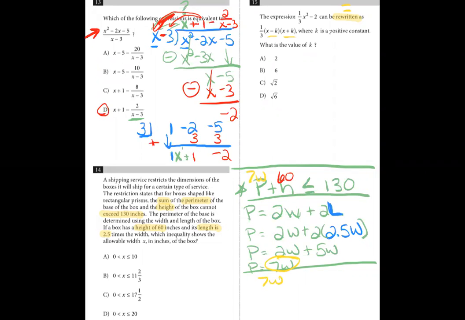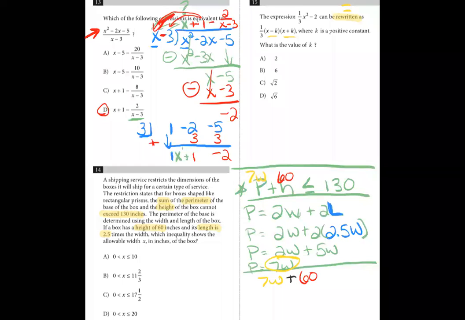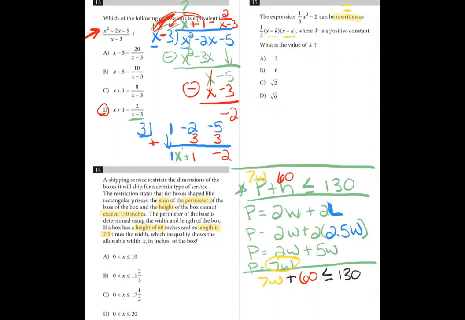So I'll have 7W plus 60 for the height is going to be less than or equal to 130. And then if I just solve that inequality, it's going to tell me for the width, which is what I am looking for. So if we subtract 60 from both sides, we will get 70 over here, and that divides nicely. W, the width has to be less than or equal to 10 inches.